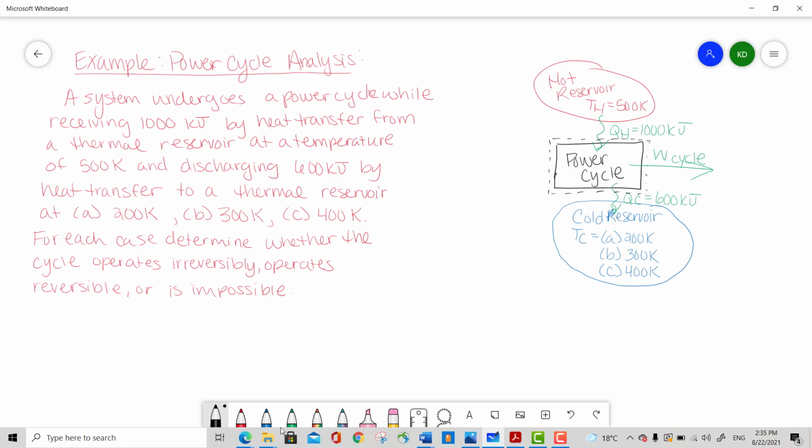Okay. So the solution to work this is basically to determine the nature of the cycle, compare actual cycle performance, which let's write this.